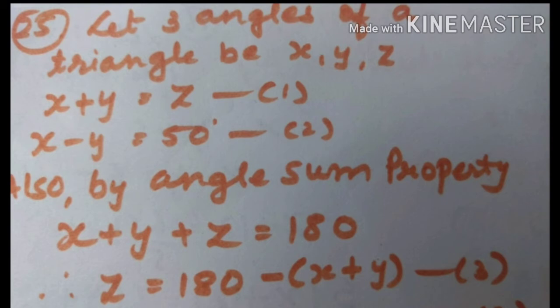So I have used it here: x plus y plus z is equal to 180 degrees. x, y, z are the three angles of a triangle. I have written z here because I want the z value from this equation, then I will use it further. So z equals 180 minus x plus y whole, which we take on the right side. I have written it in the bracket, and that is my equation number 3.